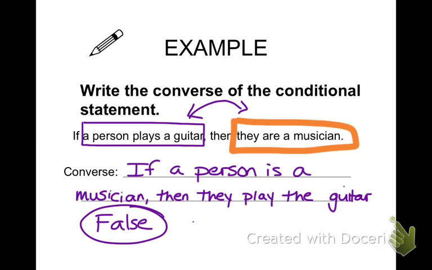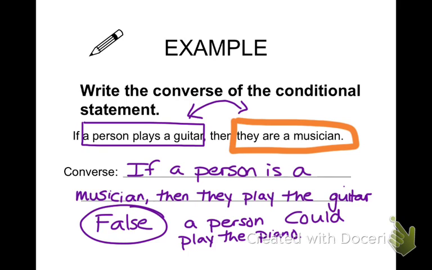So we could say a person could play the piano. Okay. So writing a converse, you flip-flop your if and your then.